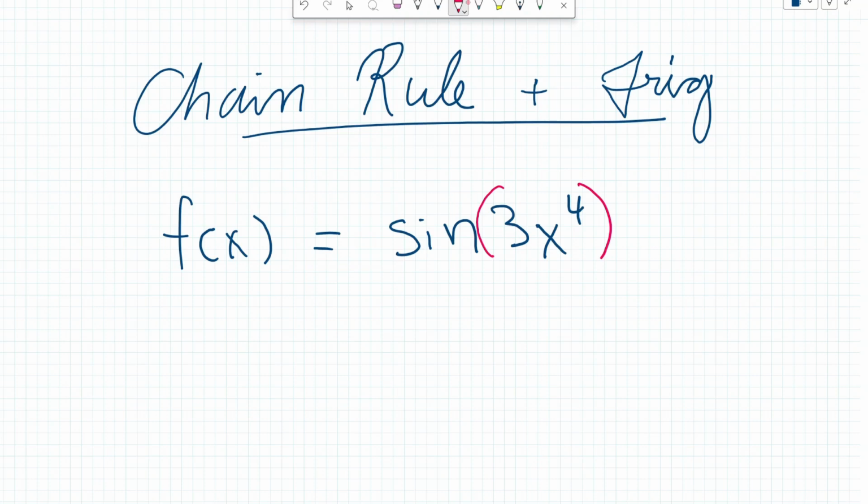So our first warning bell here is that it looks like we have a function within a function. And that means that we have a composite function. And what happens when we have composite functions? We have to use the chain rule. So that's exactly what we're going to do today. We're going to peel back the onion and use the chain rule to solve the derivative of this function.